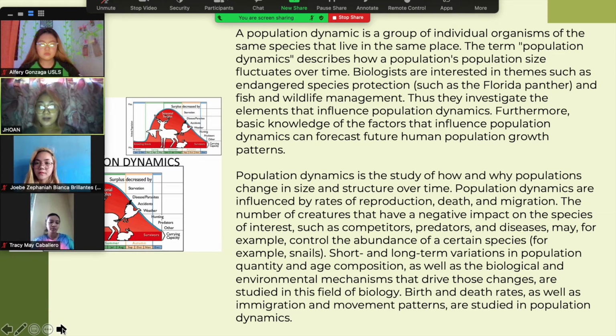Short and long-term variations in population quantity and age composition, as well as the biological and environmental mechanisms that drive those changes, are studied in this field of biology. Birth and death rates, as well as immigration and movement patterns, are studied in population dynamics.